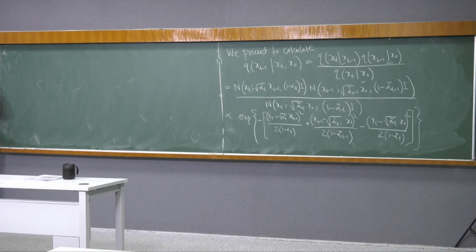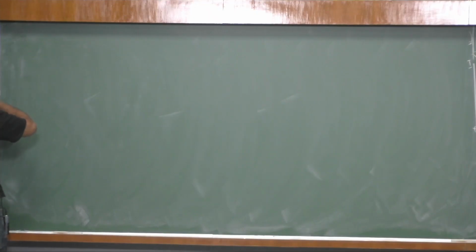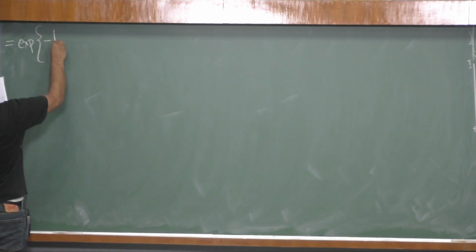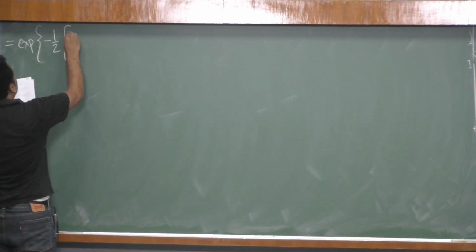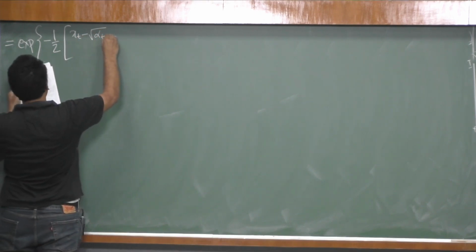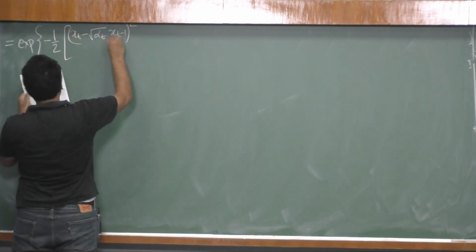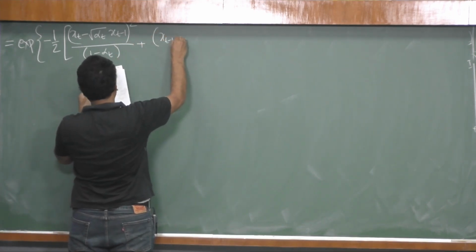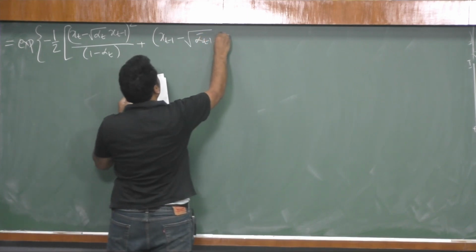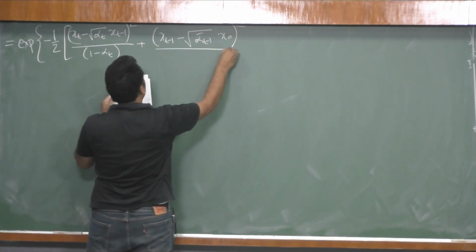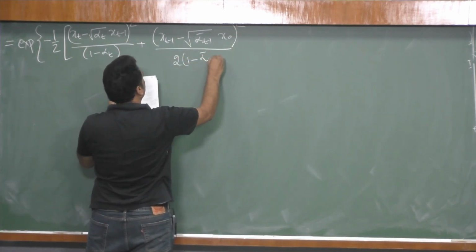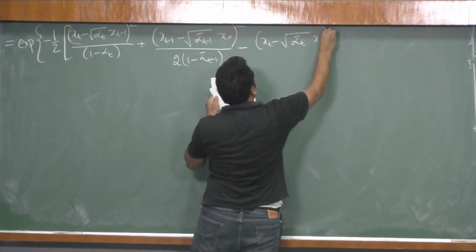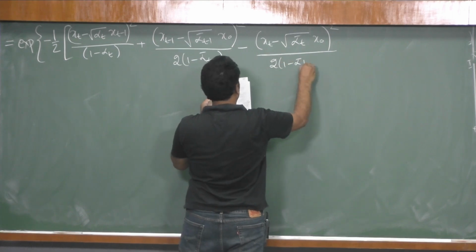So this is equal to minus half of xt minus square root of alpha t xt minus 1, whole squared, divided by 1 minus alpha t, plus xt minus 1 minus square root of alpha bar t minus 1 x naught, squared, divided by 1 minus alpha bar t minus 1, minus xt minus square root of alpha bar t x naught, squared, divided by 1 minus alpha bar t.